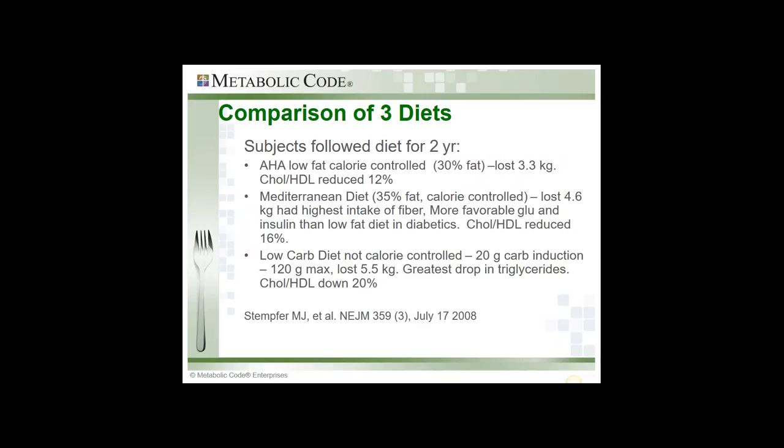That group lost the most weight and had the greatest drop in triglycerides and the best improvement in the cholesterol to HDL ratio, which means their cholesterol dropped the most and their HDL stayed higher. That ratio was down 20%. So it was a good outcome with the greater carb control.